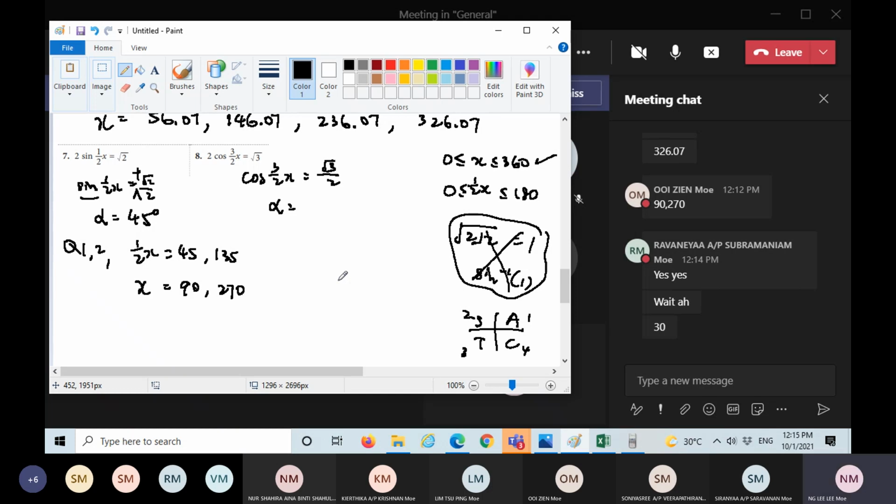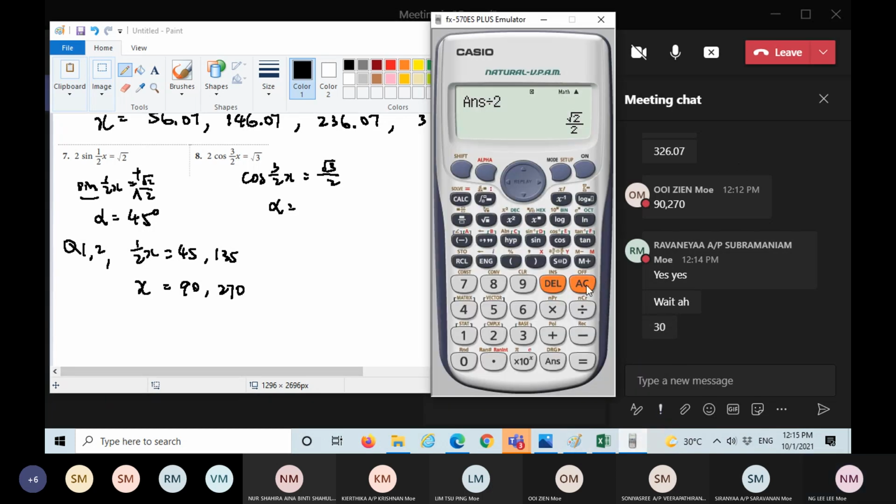30? Correct? I don't think so. 30? Square root 3 divide by 2, shift cos, the answer 30, correct.